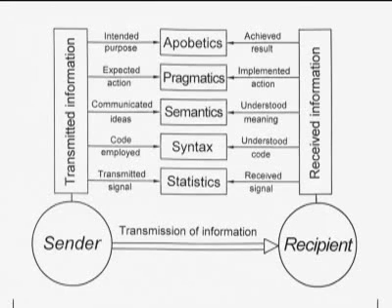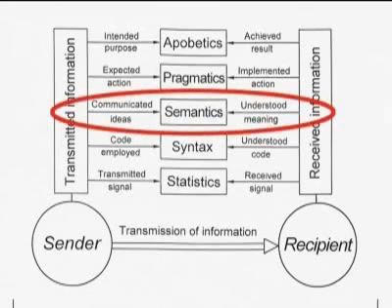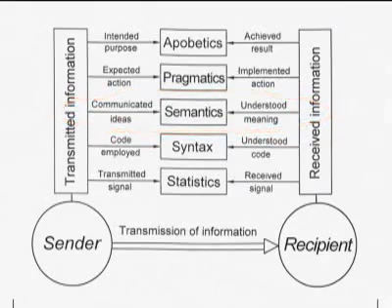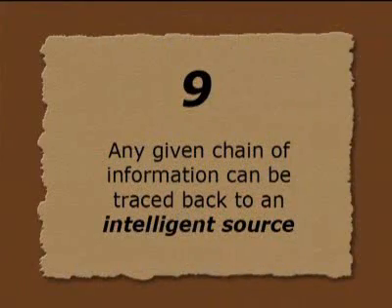For example, on the level of semantics, you see the communicated ideas on the sender side, and on the recipient side is a question, is this meaning understood? Number 9, any given chain of information can be traced back to an intelligent source.